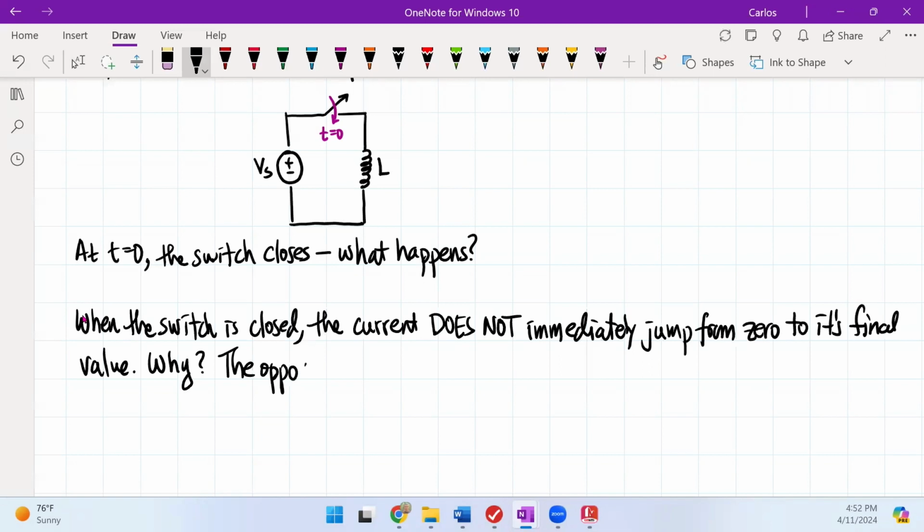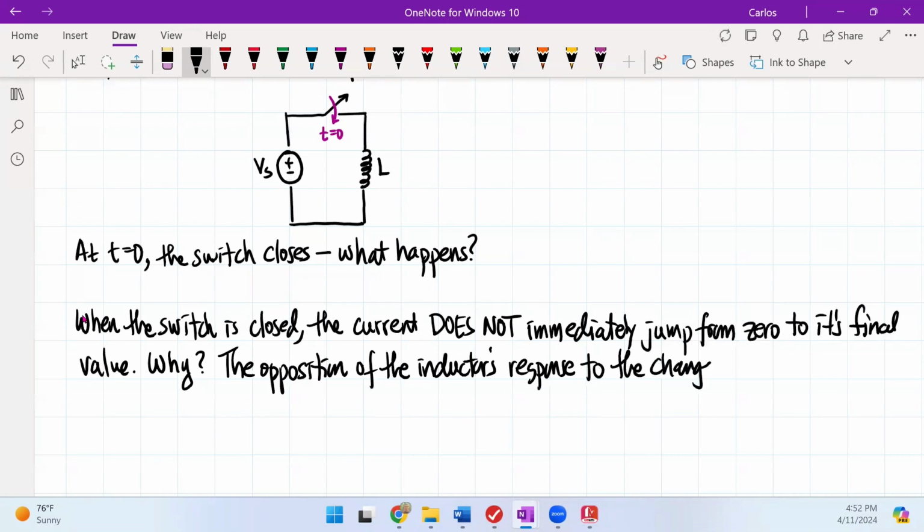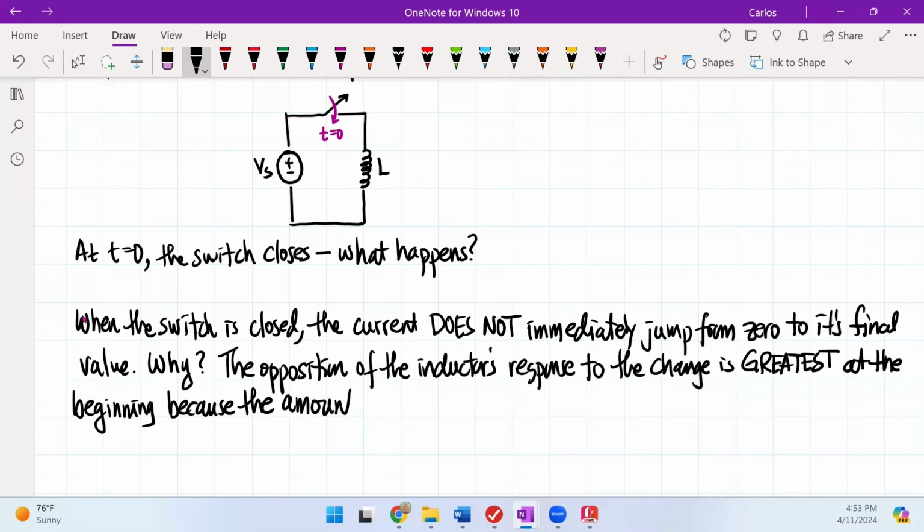The opposition of the inductor's response to the change is greatest at the beginning, because the amount of change is greatest.